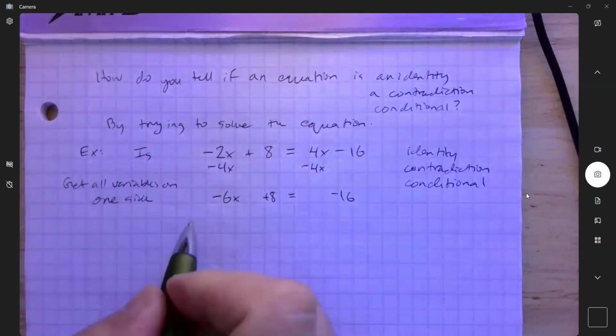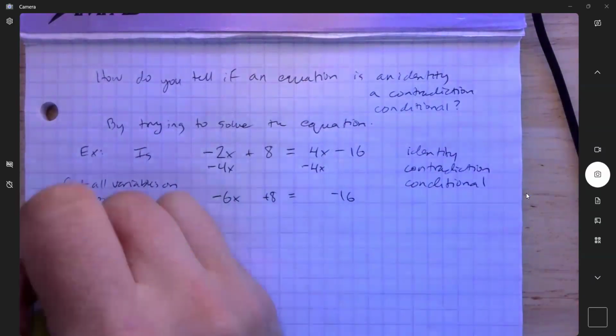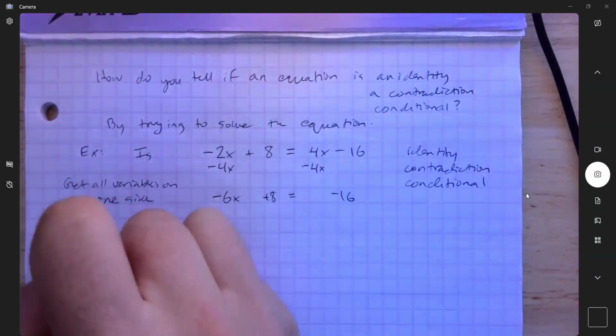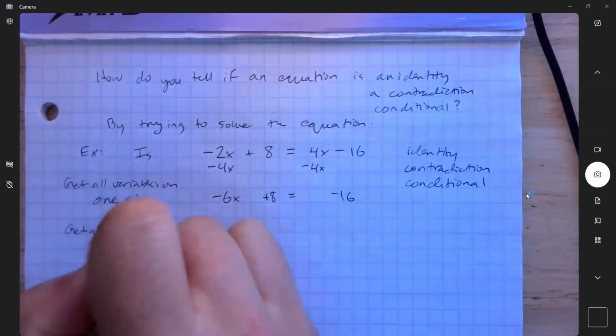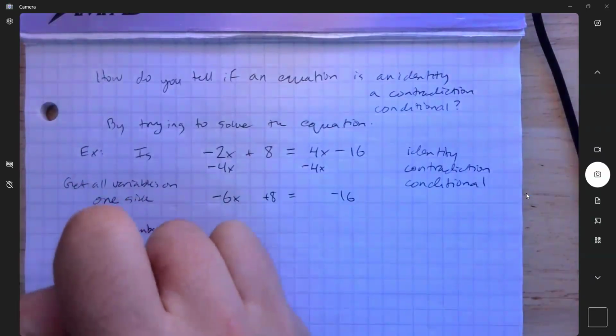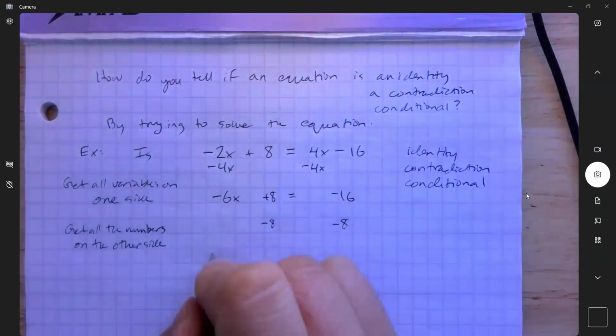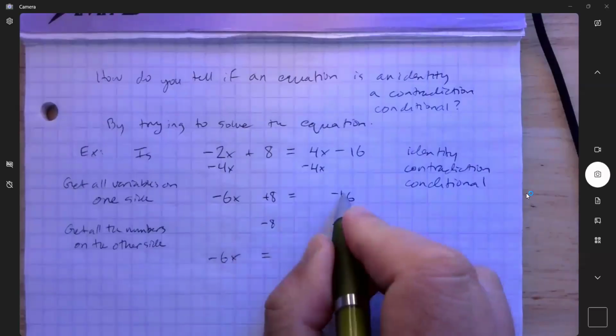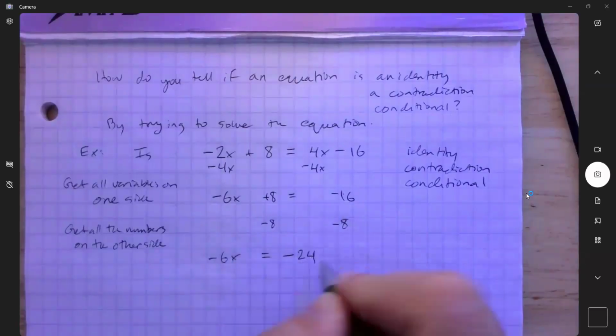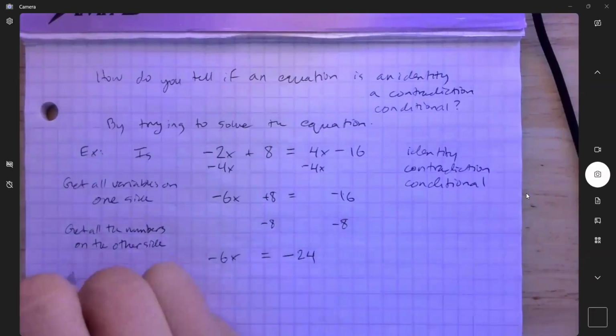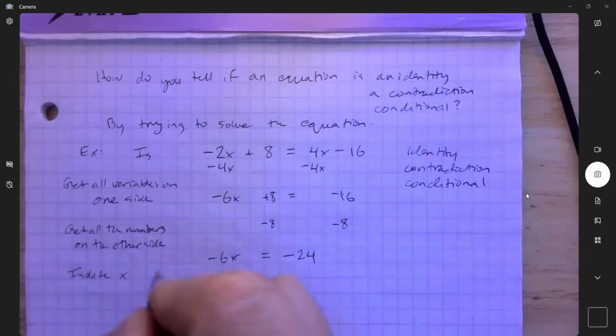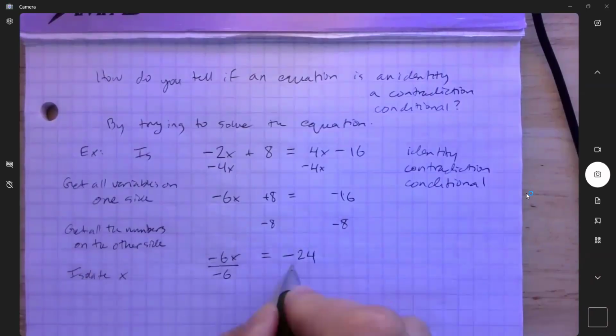And then we want to get all the numbers without variables on the other side. So I'm going to subtract 8 from both sides, and I get minus 6x equals negative 16 minus 8, which is negative 24. And then I'm going to isolate x, in this case, by dividing. I'll divide both sides by the minus 6. That will cancel and give me x equals 4.